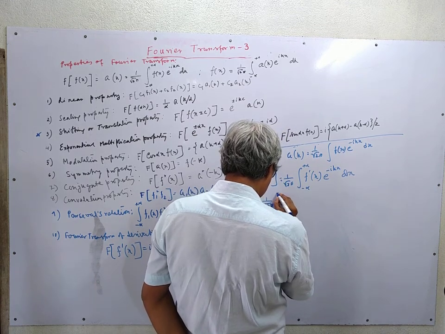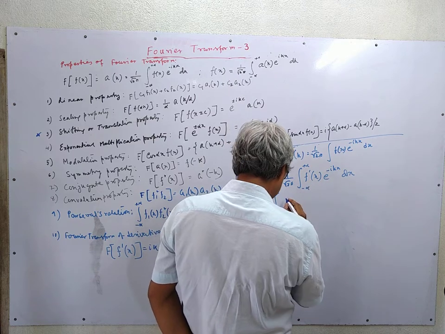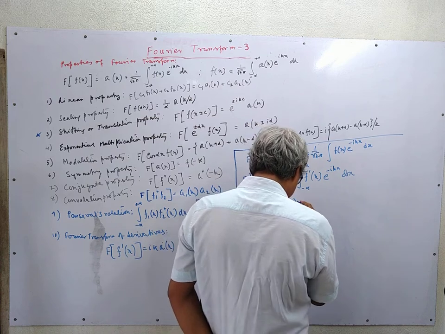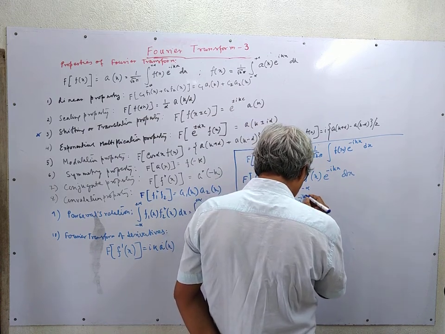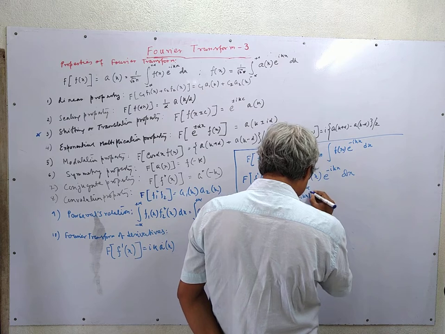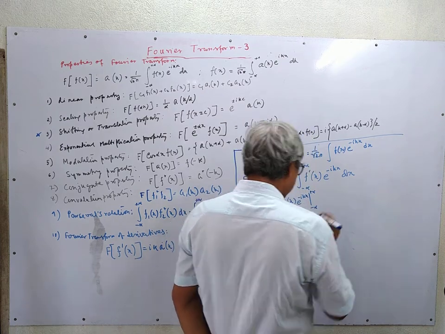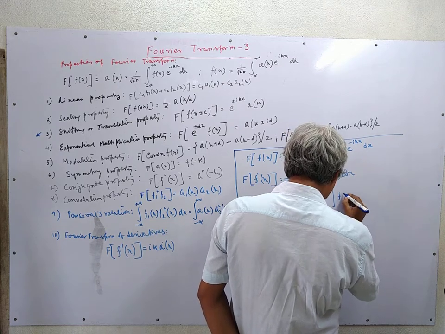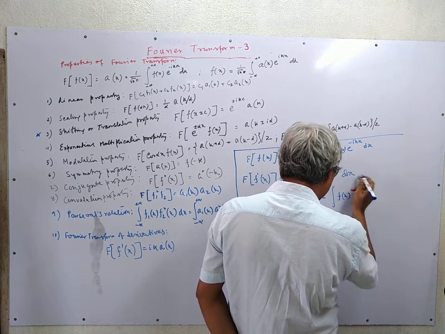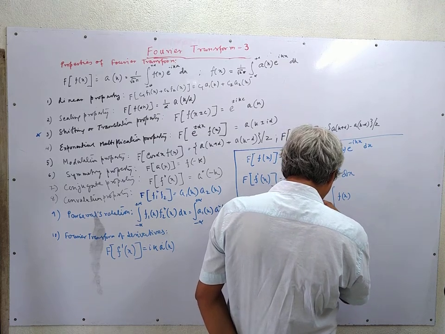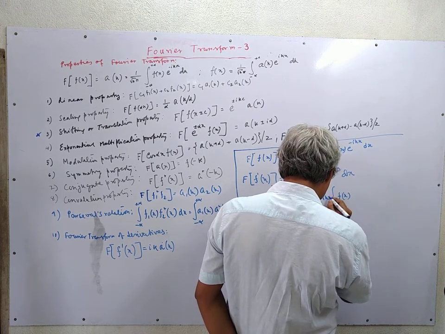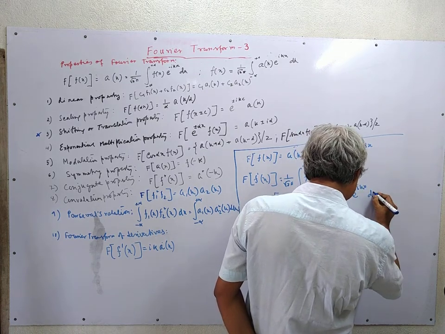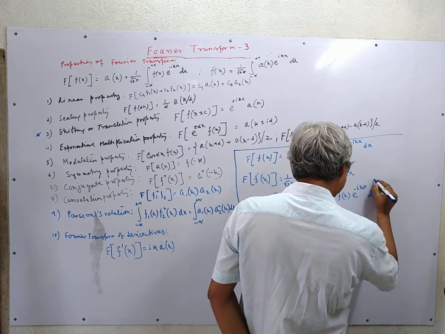So first it is f of x times the second function, e to the power minus i k x, from minus infinity to plus infinity, minus the integration of the derivative of the second function, so here we will have minus ik e to the power minus i k x dx.